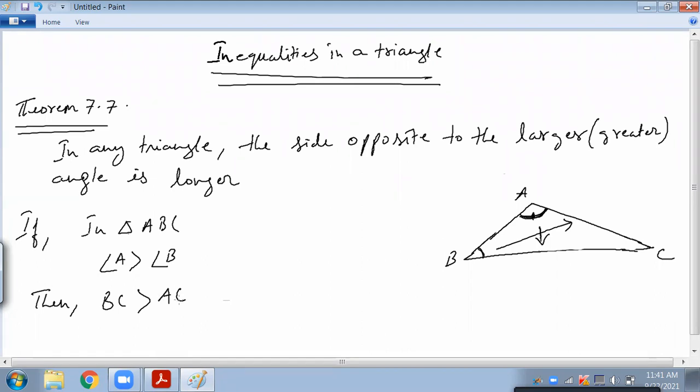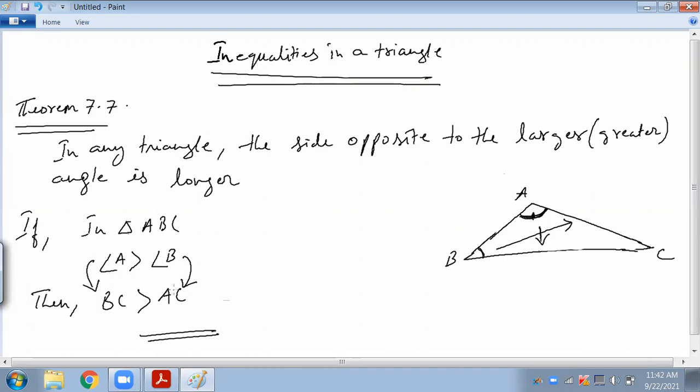So if angle A is greater than angle B, then BC will be greater than AC.